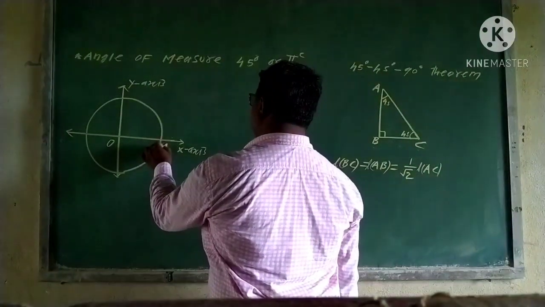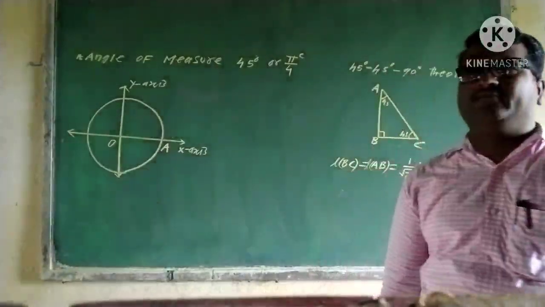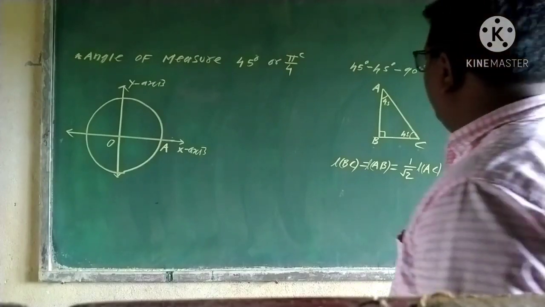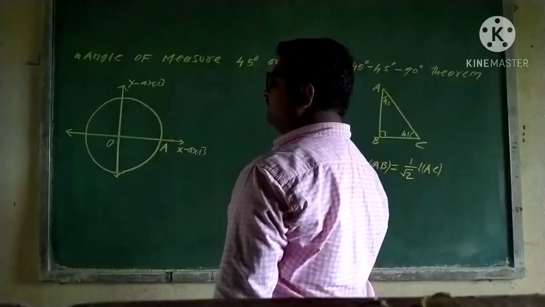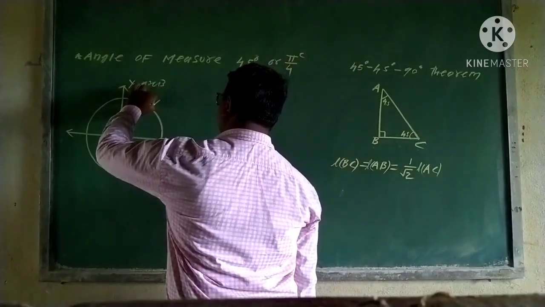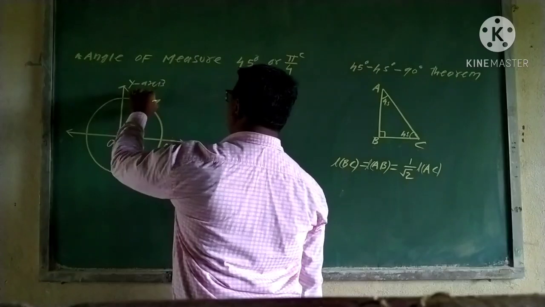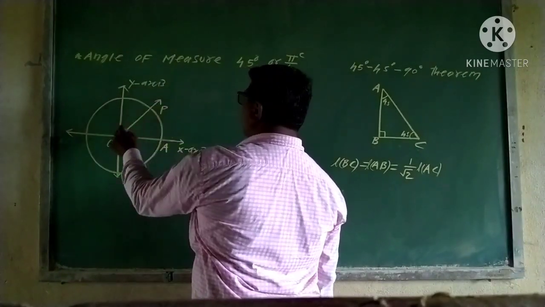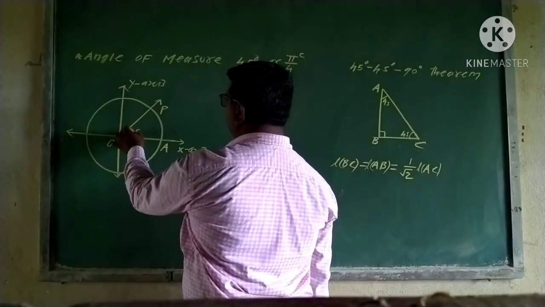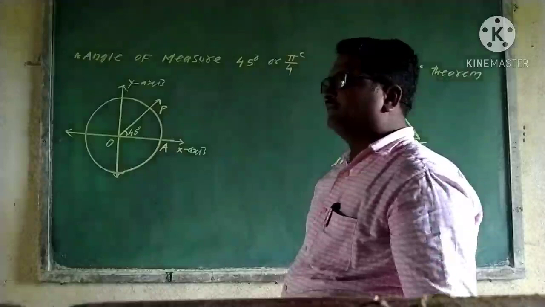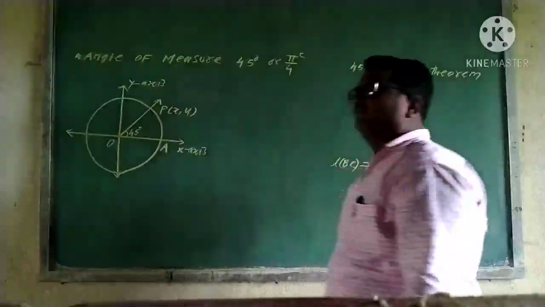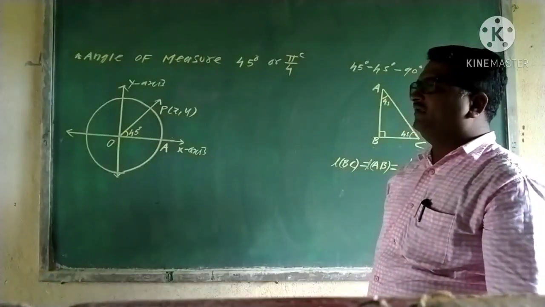Let A be the common point between the circle and the positive direction of the x-axis. To make the angle of 45 degree, we consider a ray OP making an angle of 45 degree at the center of the circle. Let the coordinates of the point P be x, y.